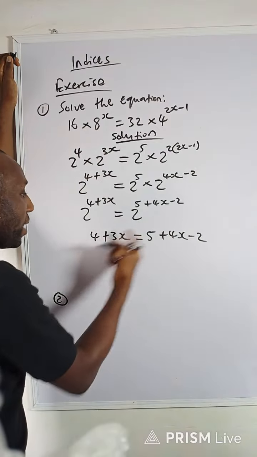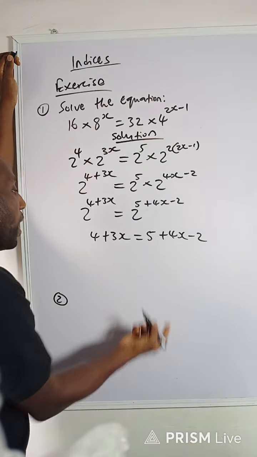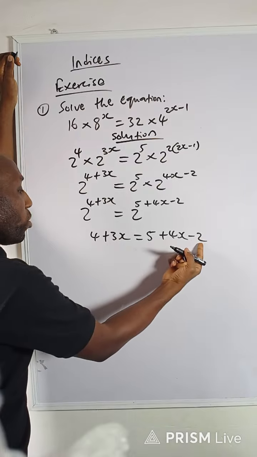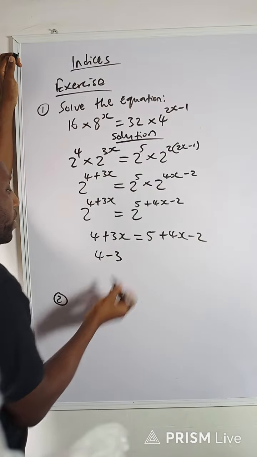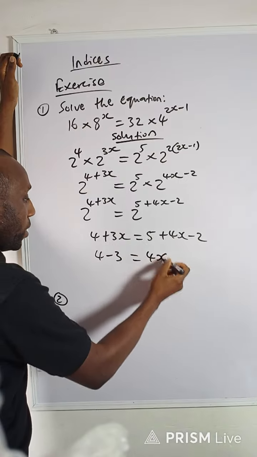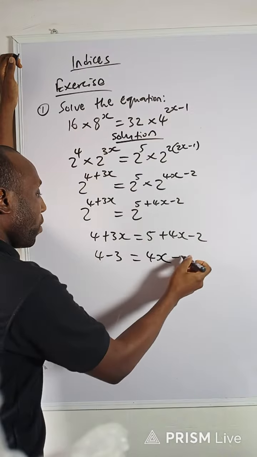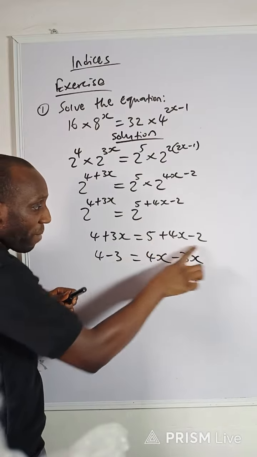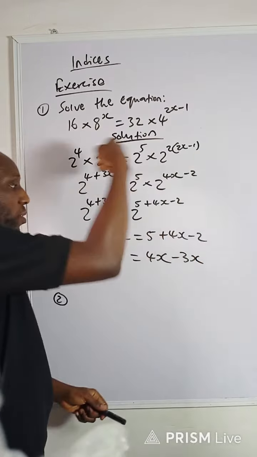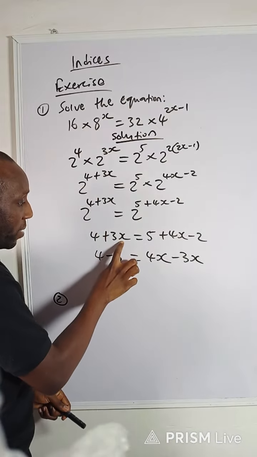So let's collect like terms. 5 minus 2 is 3. Let's move it over, you have negative 3. 3x crosses over, you have negative 3x. See what I did in case you are confused here. 5 minus 2 is 3. When you move it over to the left hand side, you have negative 3. This is 3x.